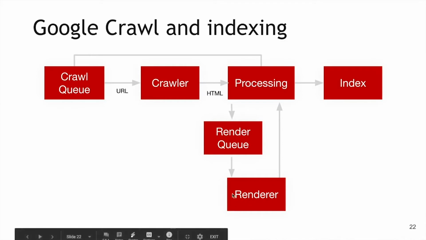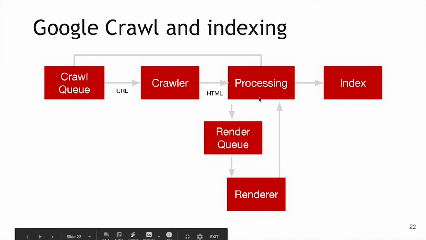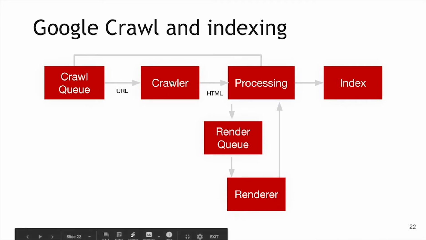A more advanced renderer arrives, which is able to process JavaScript, and renders. Then Google is processing the whole page, understanding the content, reading all structured data markup, and only then it gets to index. So HTML is faster, and for JavaScript we get some additional steps.